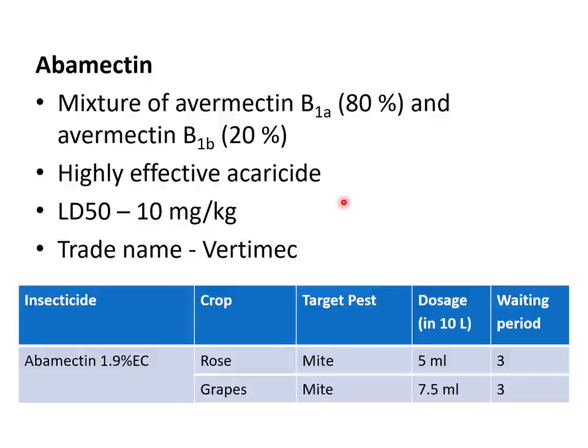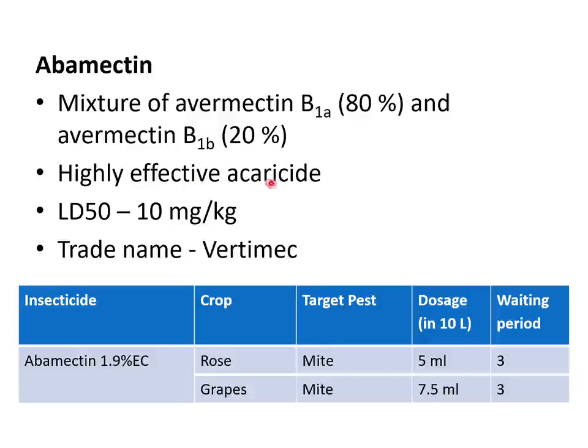So the first chemical I will be discussing is abamectin. Abamectin is an avermectin. It is mainly used in agriculture alone. Nowhere else it is used. Again, it is a mixture, just like spinosad and spinetoram. It is a mixture of two avermectins, avermectin B1a and avermectin B1b. It is 80% avermectin B1a and 20% avermectin B1b.